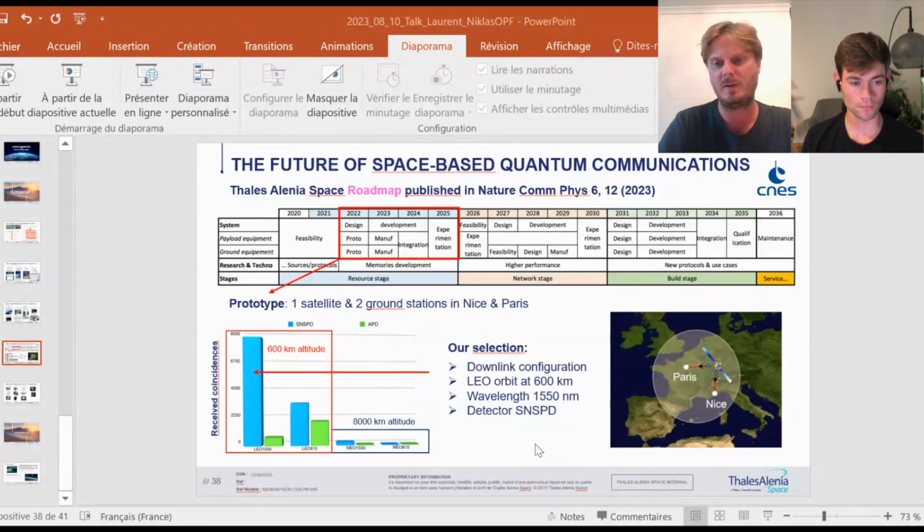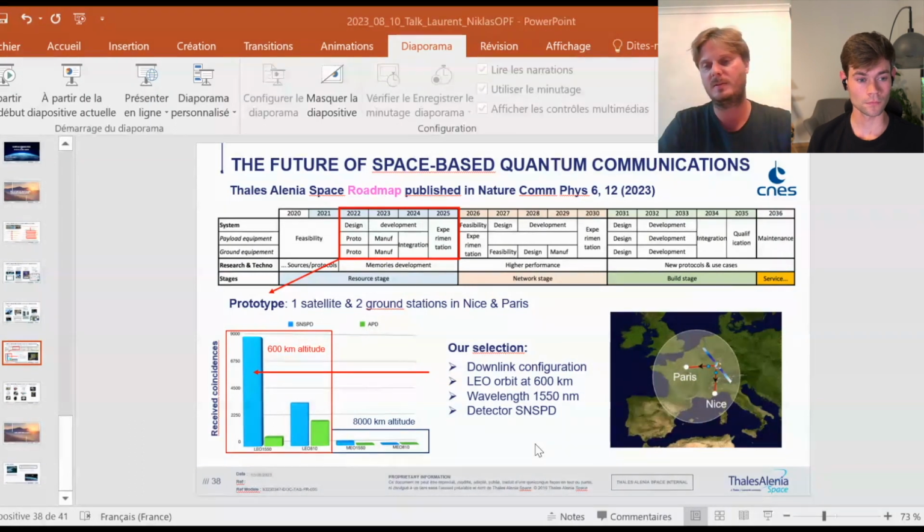So you need a cryo cooler, and that's very complicated to put on board a satellite. So you have this kind of consideration to take into account, and in fact we converge to the fact that it is better to put the detectors on the ground and to put the source on board. And so that becomes a downlink configuration.